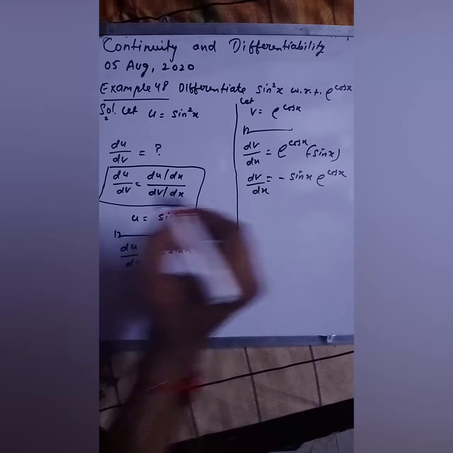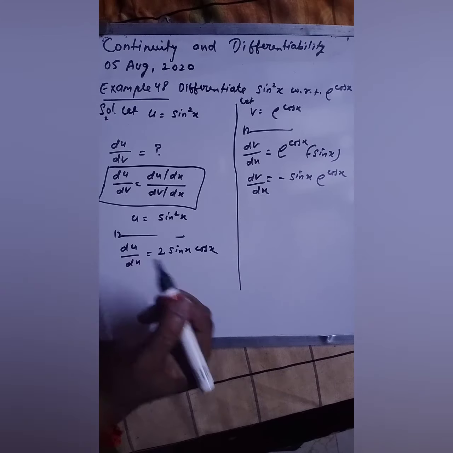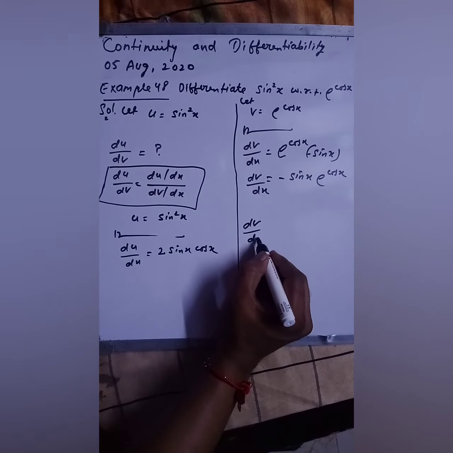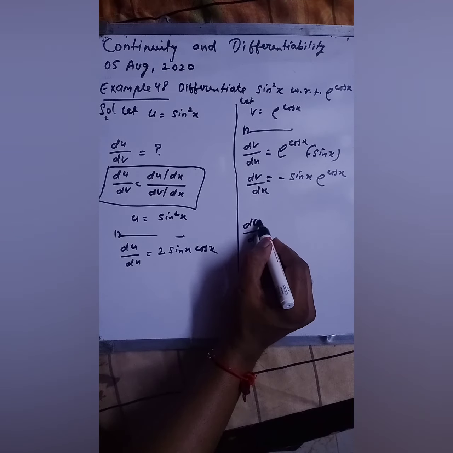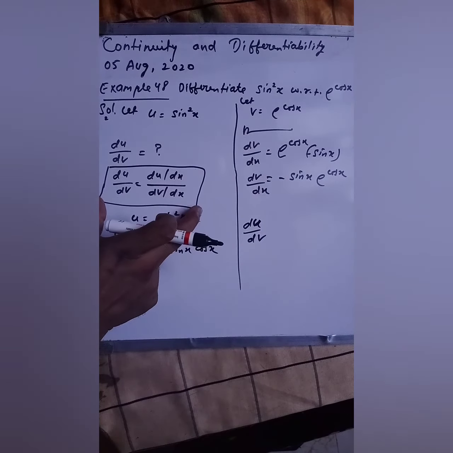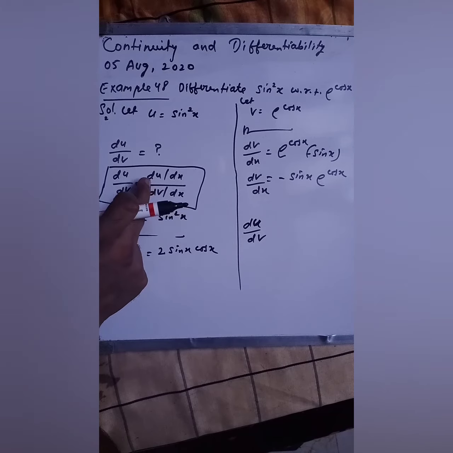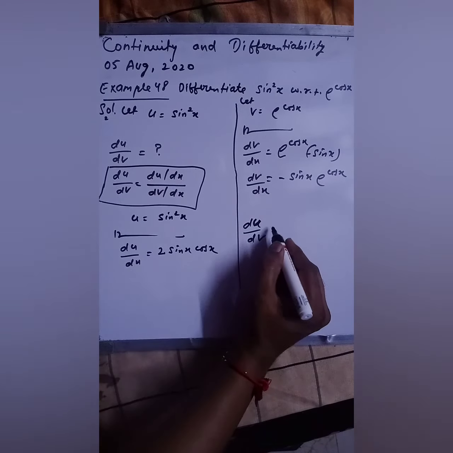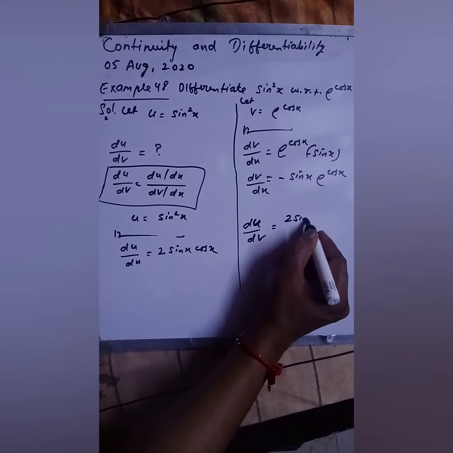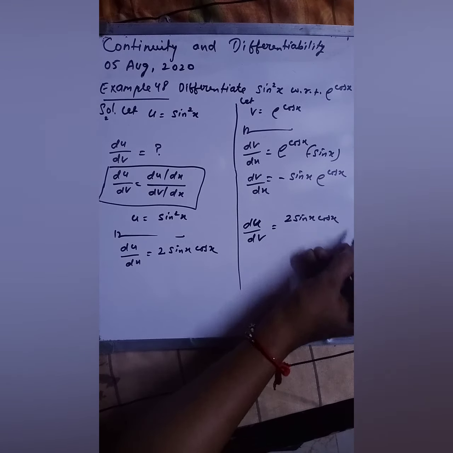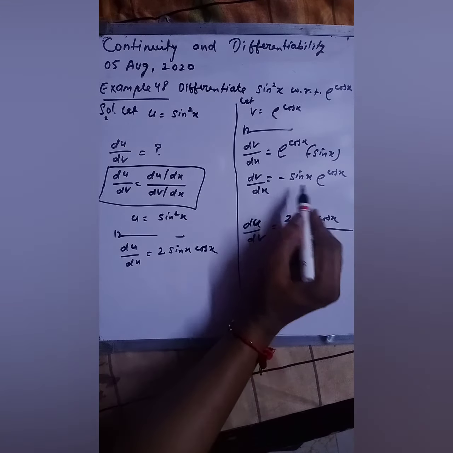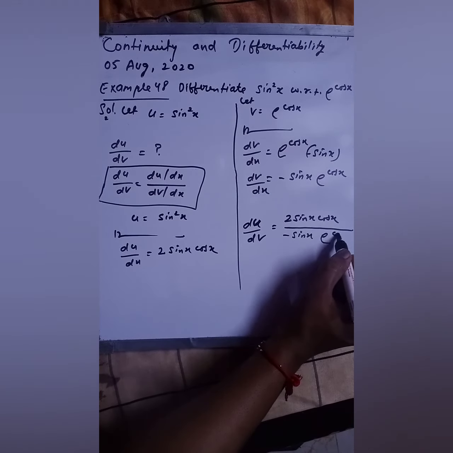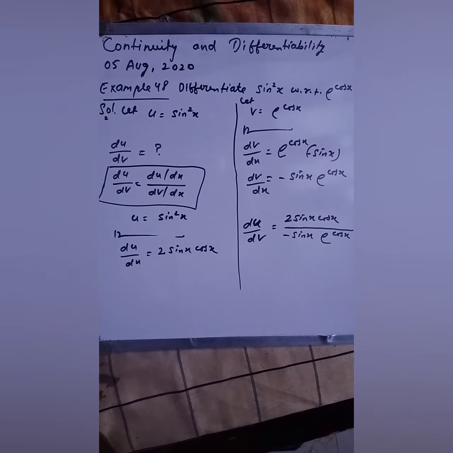Now we have to find out du by dv. So du by dx will be this one: 2 sine x cos x over minus sine x e raised to power cos x.